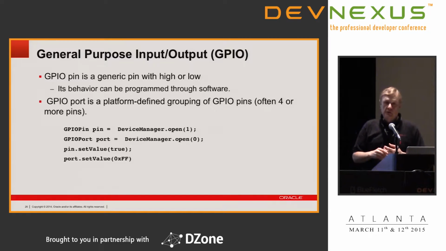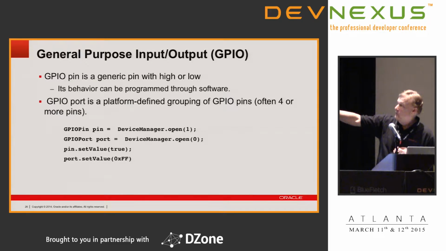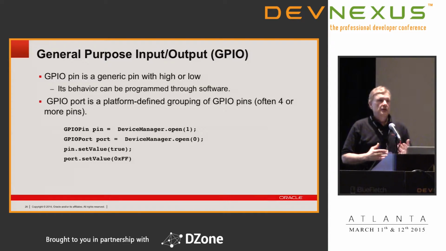Those can either be high or low, but it's a very binary thing. For the programming, we use the device manager to open a pin or open a port, and then we can set the value of true to the pin, or we could set the value of a port to some hex value, in this case, FF.